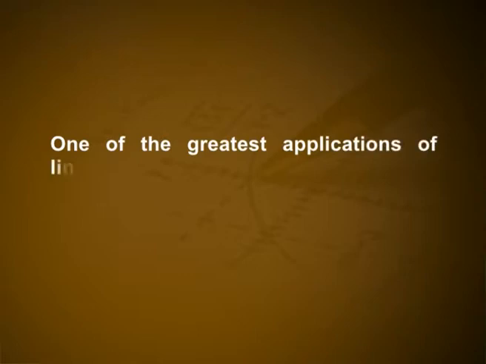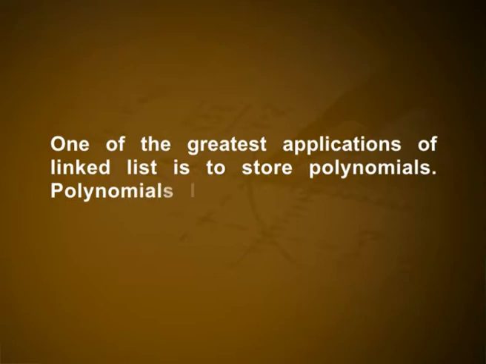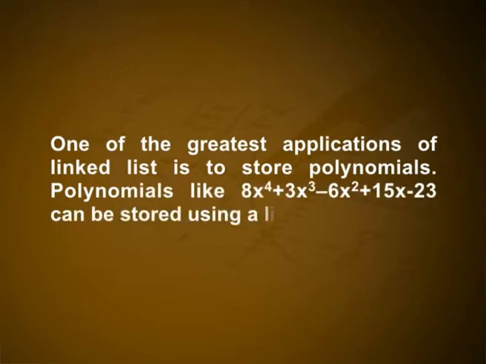One of the greatest applications of linked list is to store polynomials. Polynomials like 8x raised to 4 plus 3x cube minus 6x square plus 15x minus 23 can be stored using a linked list. To do this, each node should consist of three elements: coefficient, exponent and the link to the next node.